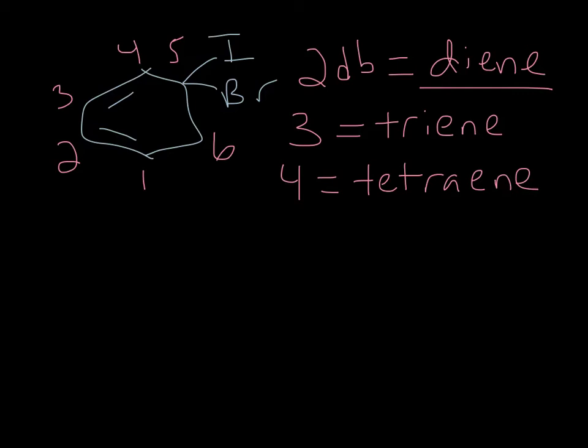What usually happens in a ring is that double bonds are in a Z conformation, and that has to do with the cyclic nature of the ring and an inability to accommodate an E double bond because of the steric strain of the ring.